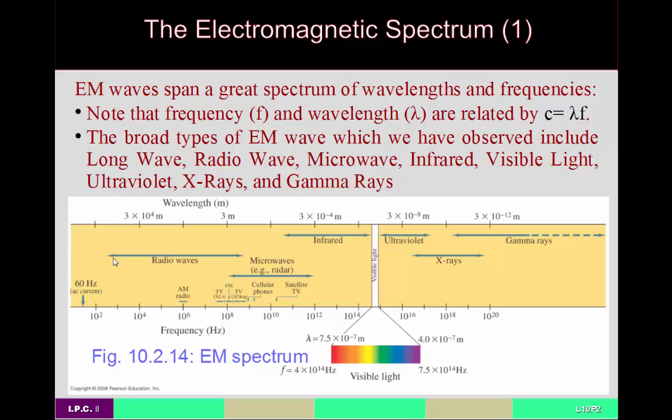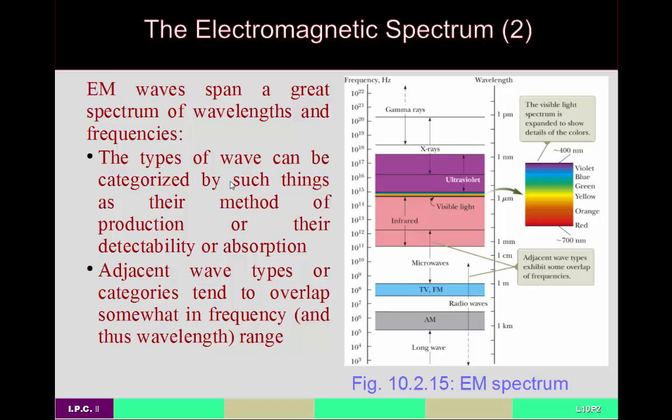But at some point it becomes difficult to drive a circuit, even an AC circuit, at a high enough frequency to produce shorter and shorter waves. And so you run from radio waves into, for example, microwaves, which have some other method of production. Then you get into infrared, which has yet a different method of production, and so on.